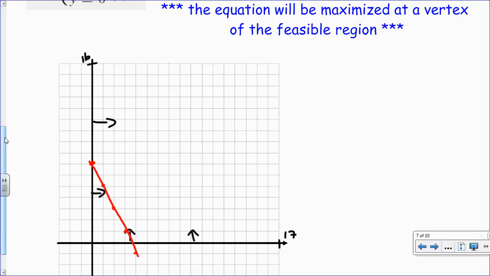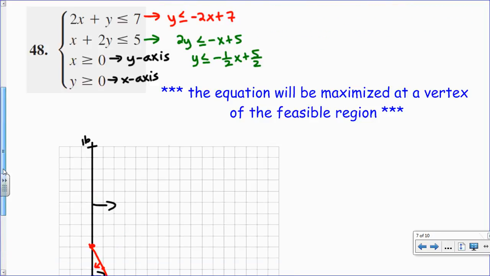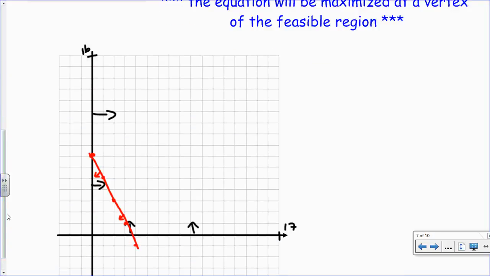And it's less than or equal to, so I'm shading below. The second one, I'm starting at 5/2, so 2.5. And my slope is negative 1/2, so down 1, right 2. And this is also a solid line. And I'm shading below.